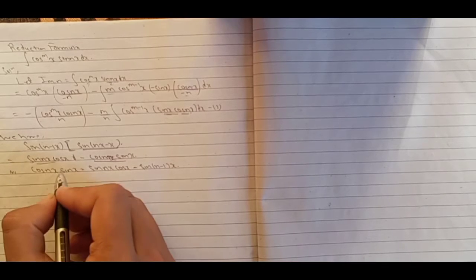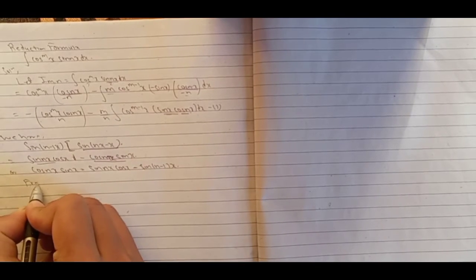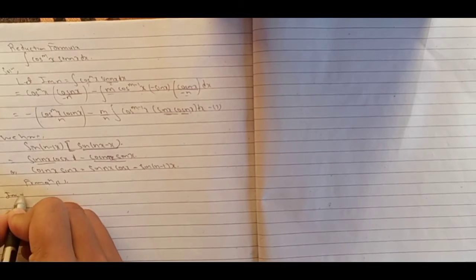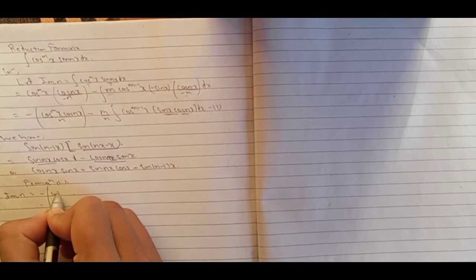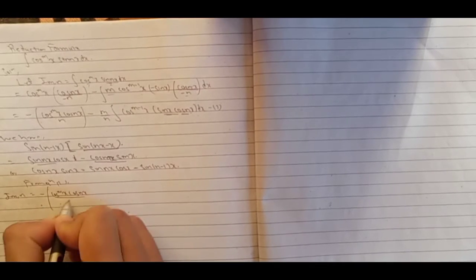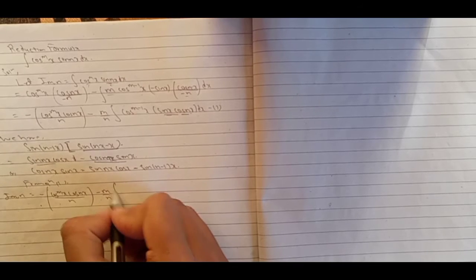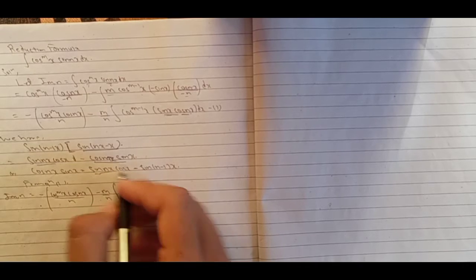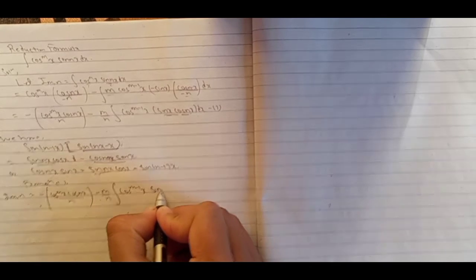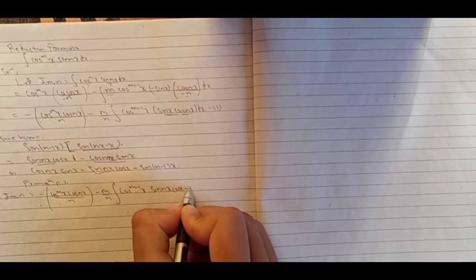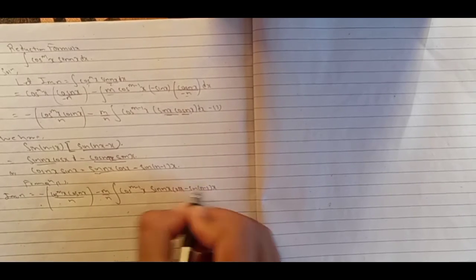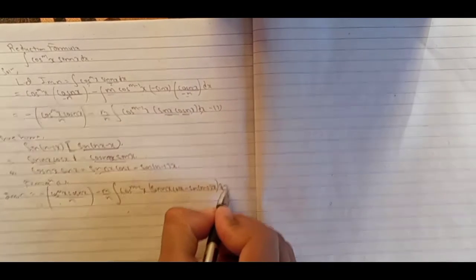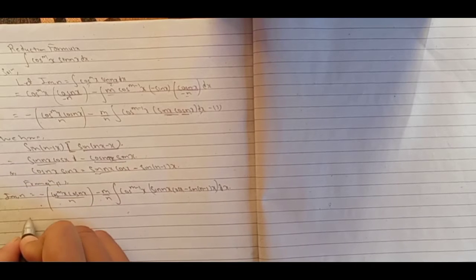Now from equation 1 we get I(m,n) equals minus cos^m x cos nx by n, minus m by n times the integral of cos^(m-1) x times [sin nx cos x minus sin((n-1)x)] dx.